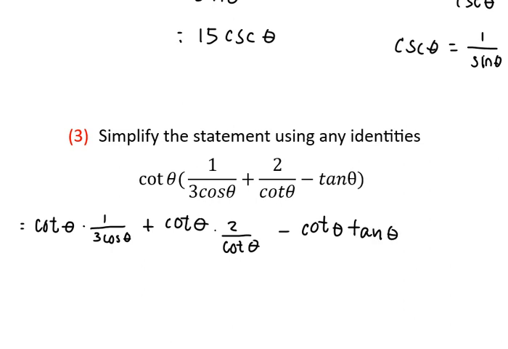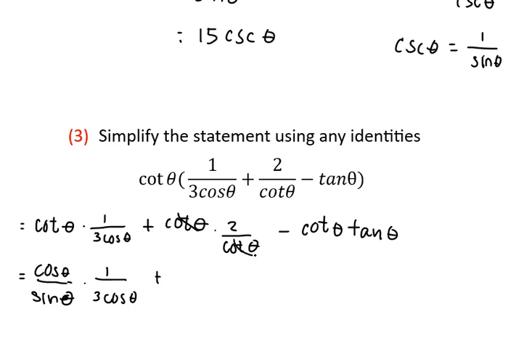Cotangent theta is cosine over sine, right? So this is cosine theta over sine theta times 1 over 3 cosine theta. Next, cotangent theta times 2 over cotangent theta.